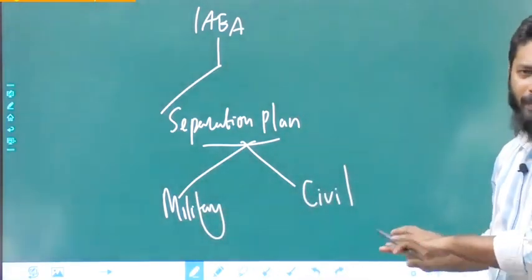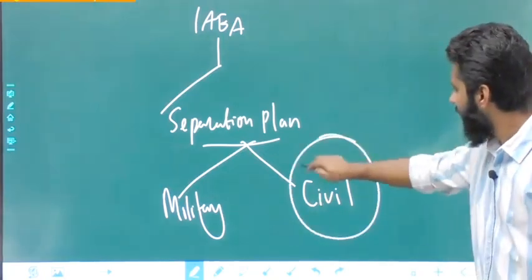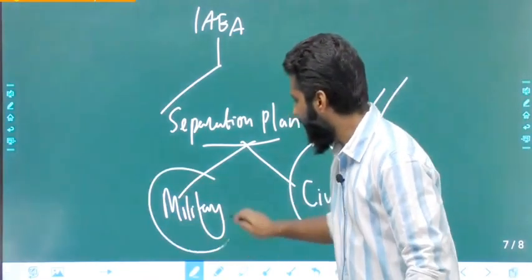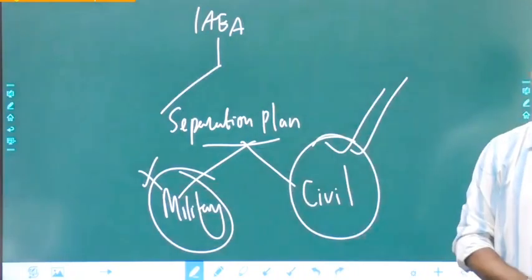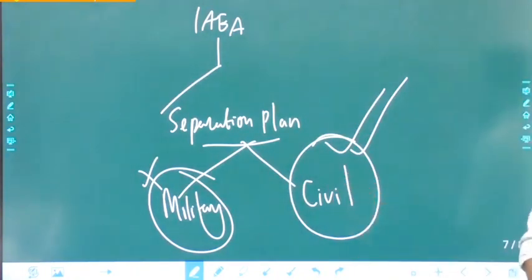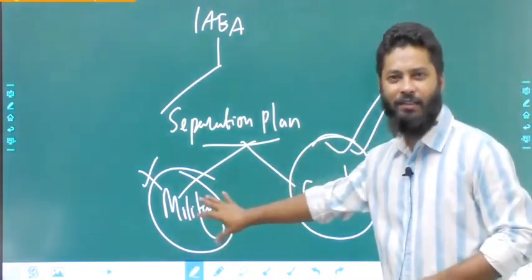So you bifurcate them, you segregate them, and the IAEA will be investigating your civil reactors or civil sites. The IAEA will have nothing to do with military sites. Can you imagine the benefit of this? Officially they are recognizing India as a nuclear weapon state.